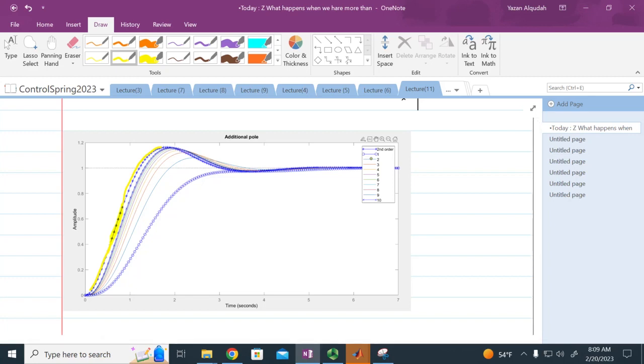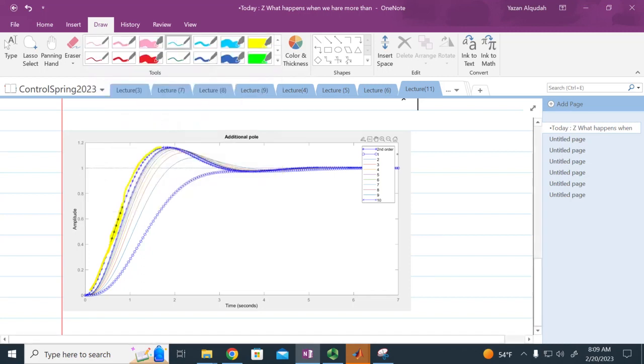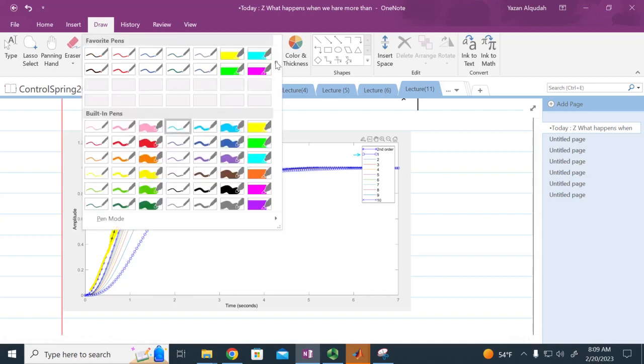So the second order system, the poles, the real part is at 1. And then we have another pole, a third pole, that changes from 1 all the way to 10. So if you look at the extreme, when the third pole is located at alpha equal to 1, so this is the case when it is circled, what is the response that we're getting?